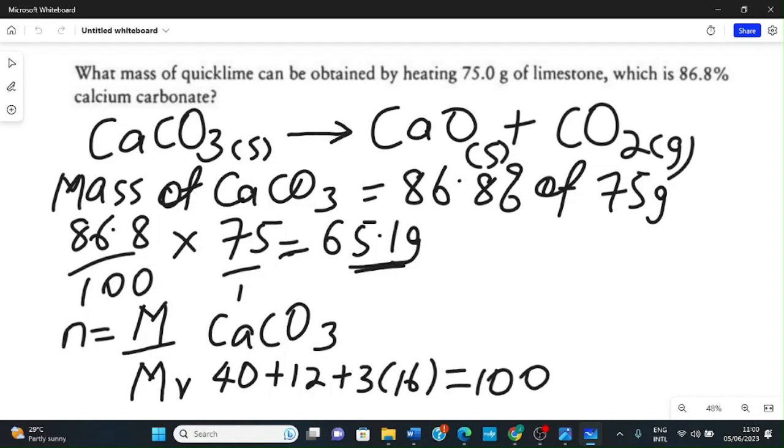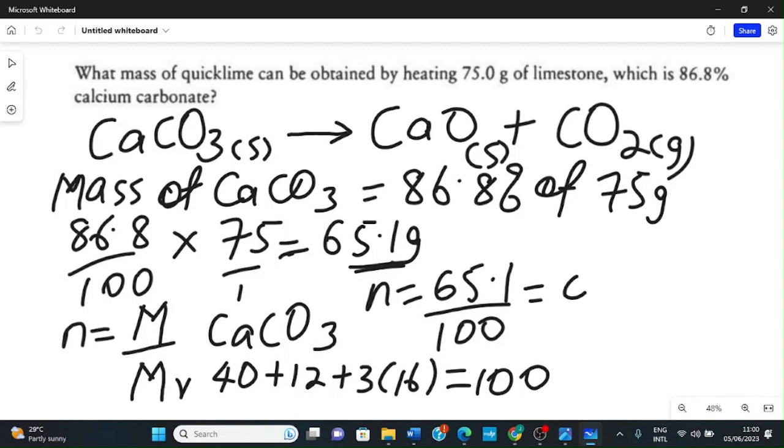So the number of mole will be equal to 65.1 divided by 100, which is mass per molar mass. We're calculating the number of mole of calcium carbonate, which is, use my calculator, 65.1 divided by 100.